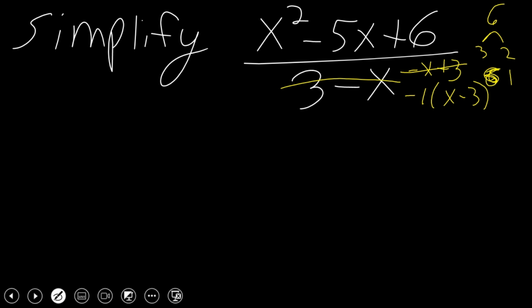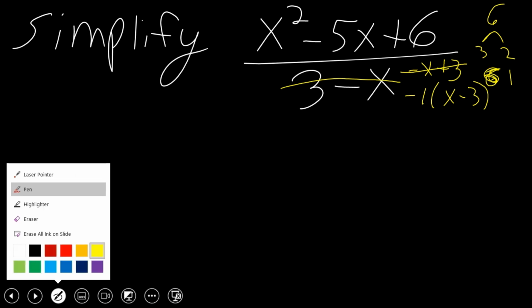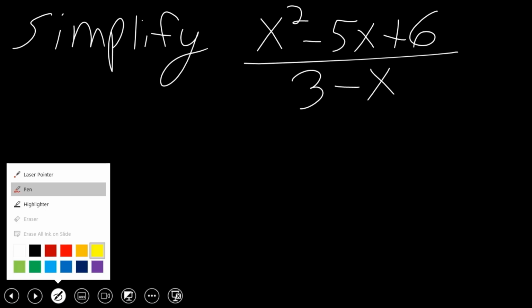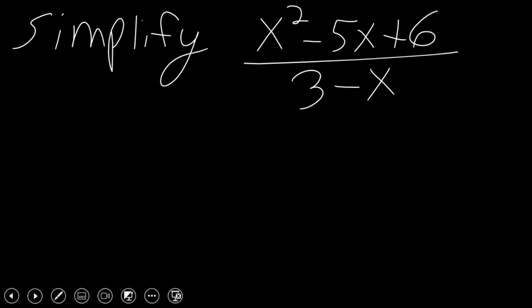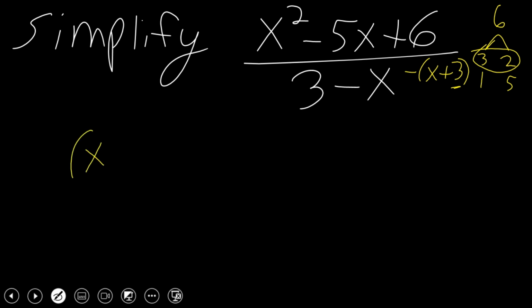So it doesn't matter which one we use, but since we have a 3 on the bottom, I think we're going to go ahead and use the top ones. So we're going to do x and x, because we have an x squared. That means we're going to have an x in both sets of parentheses.